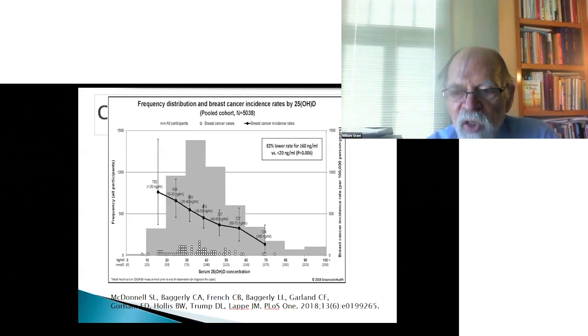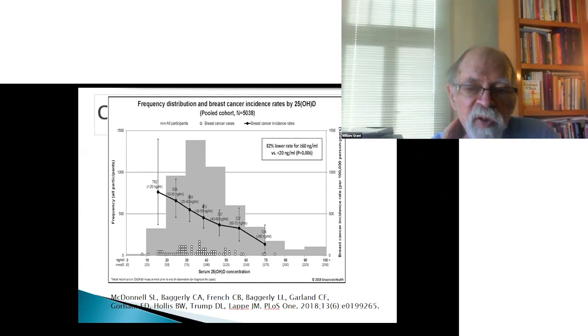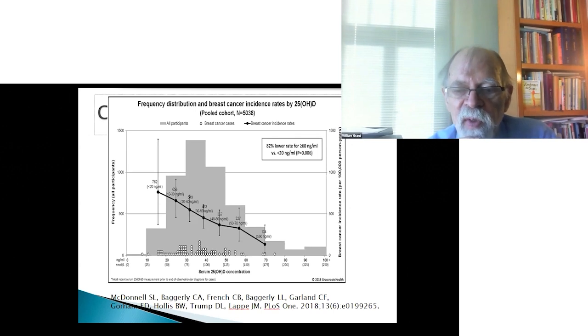mail-in blood spot test. And so what you see here is that on the horizontal, we have concentrations out to about 80 nanograms per milliliter. And we have the frequency of cancer according to the fraction of participants who developed breast cancer in the different concentration ranges.